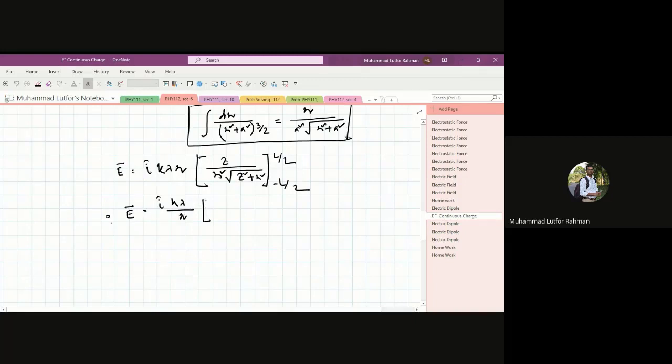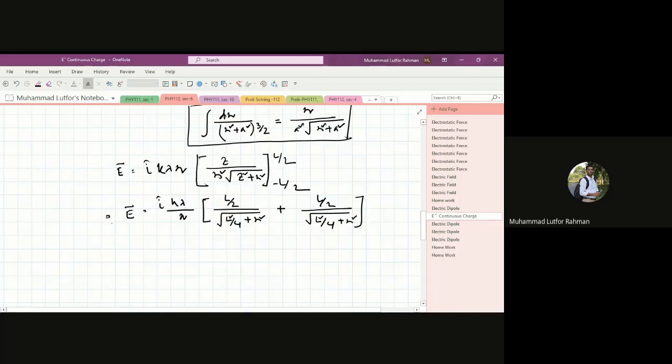Then I'll put the value of this z, because z is variable over here, right? L by 2 divided by square root of L square by 4 plus x square, plus, because if you put the minus limit over here, I have to write down a plus, L by 2 divided by square root of L square by 4 plus x square.